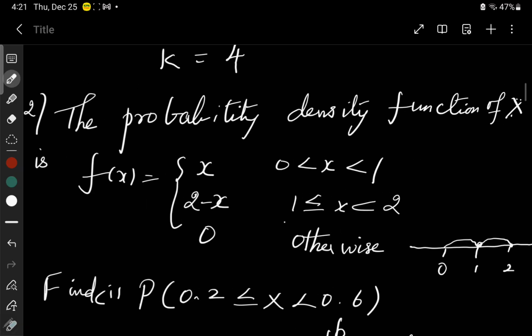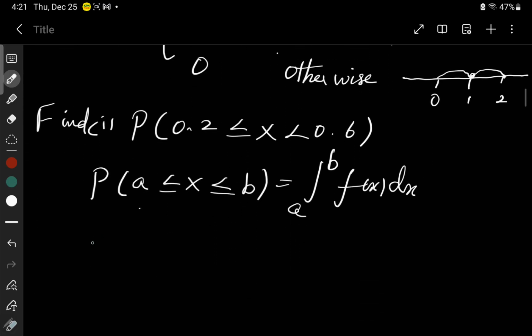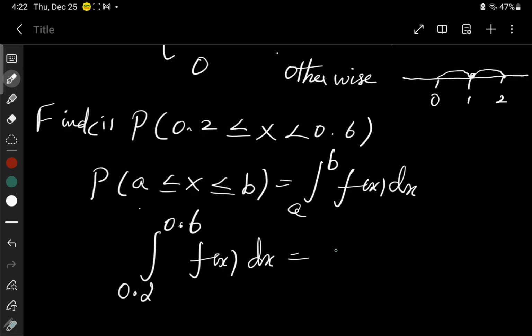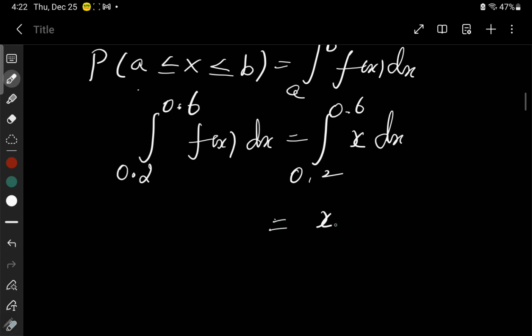Where does this value lie? This decimal value lies between 0 and 1, so I have to take the first interval. So I replace this as the integral from 0.2 to 0.6 of f of x dx, where f of x is x. Integrating x, I get x square by 2 from 0.2 to 0.6.